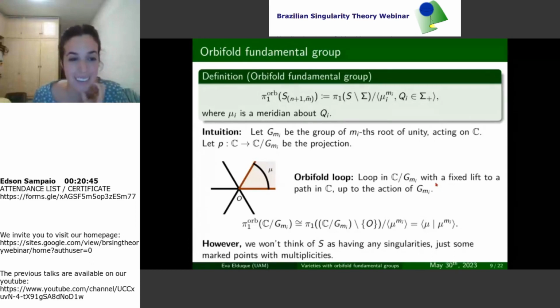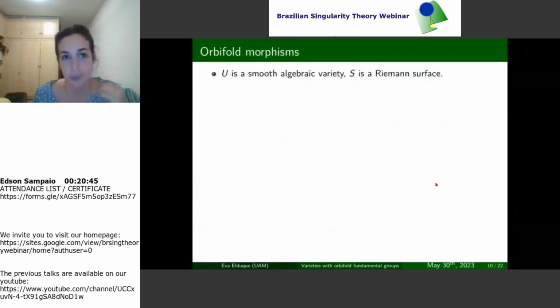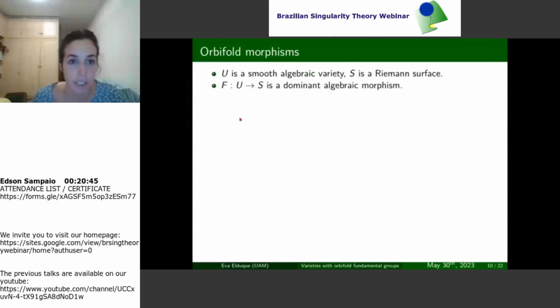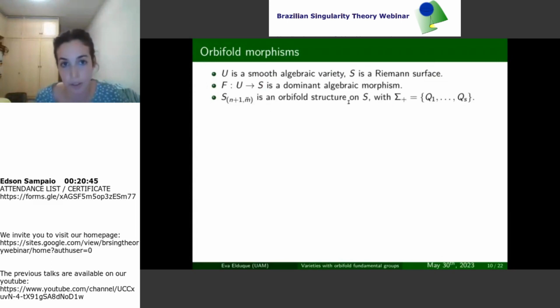Okay, so what is an orbifold morphism? We're going to start with a smooth algebraic variety. S is going to be a Riemann surface, and we're going to have a dominant algebraic morphism between the two. And so S is going to be endowed with an orbifold structure with n+1 points of multiplicity 0, and a vector saying what the other multiplicities are that are not 1.